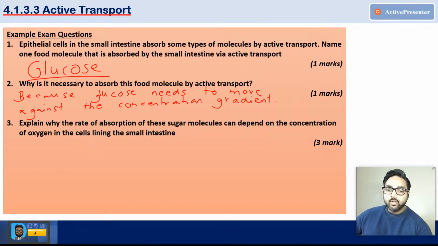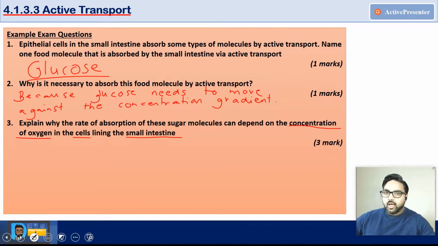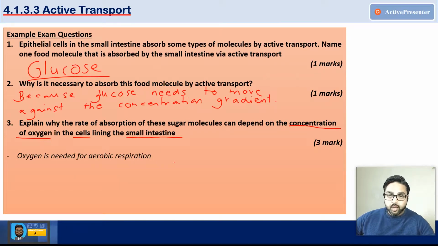Let's have a look at this question and break it down just a little bit, because it's asking you to link your thinking. Explain why the rate of absorption of these sugar molecules can depend on the concentration of oxygen in the cells lining the small intestine. What does the concentration of oxygen have to do with active transport? Well, we know that oxygen is needed for aerobic respiration, yeah?